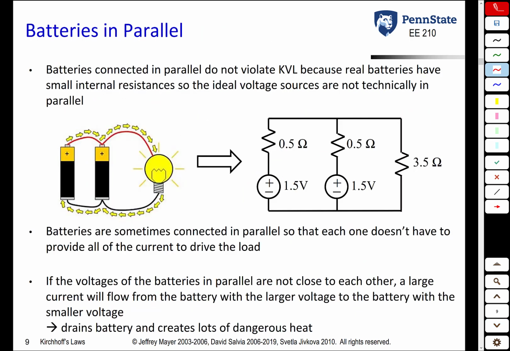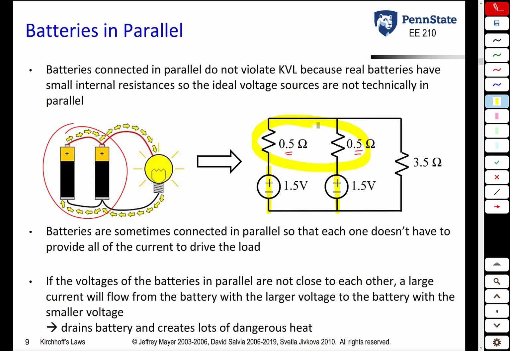So first off, as I mentioned before, whenever you have a real voltage source, there is a very small resistance in series with the ideal voltage source. So if you connect two batteries in parallel, such as this example here, technically the voltage sources themselves are not in parallel because of the two resistances. So this ideal voltage source and this ideal voltage source are not in parallel because of these two resistors.